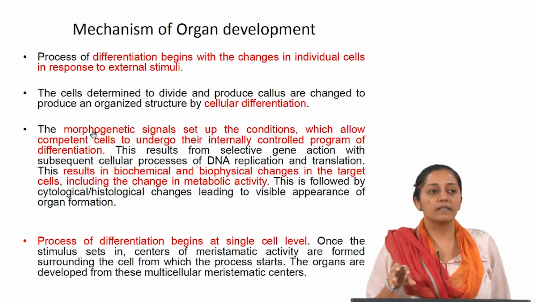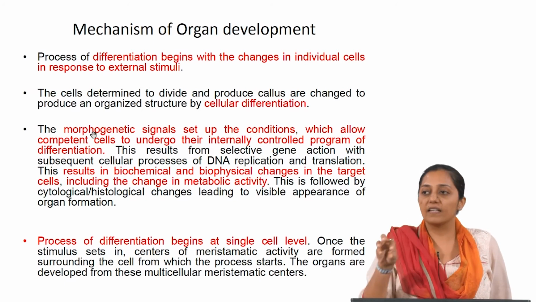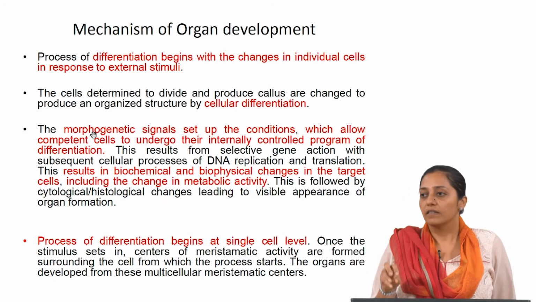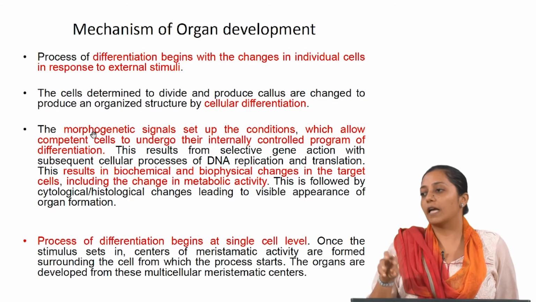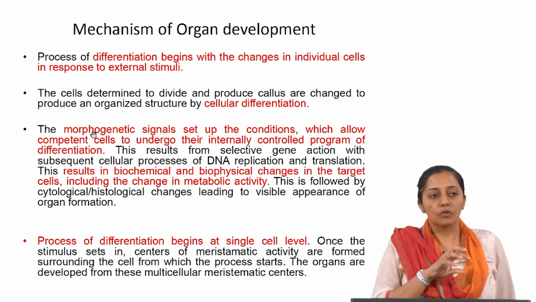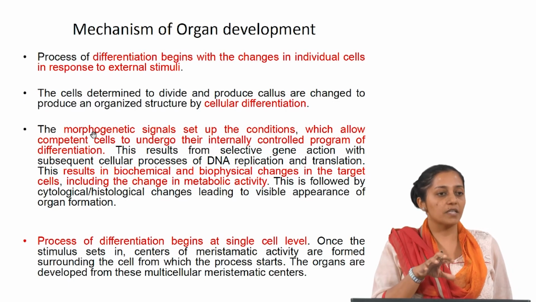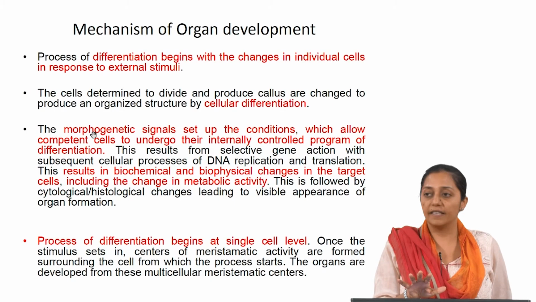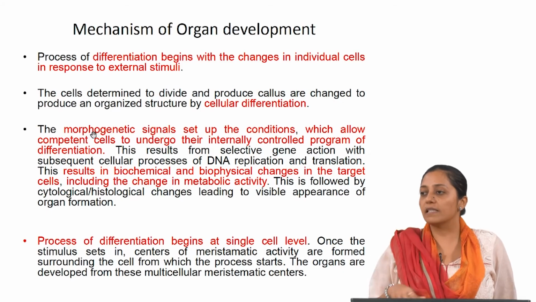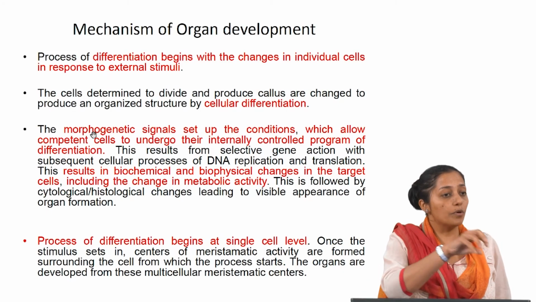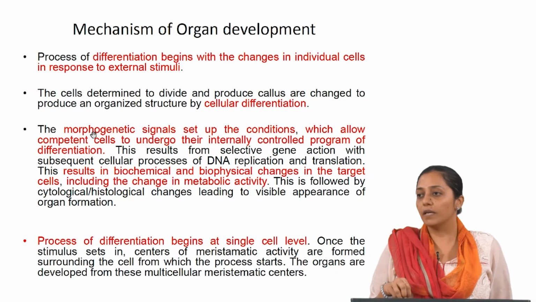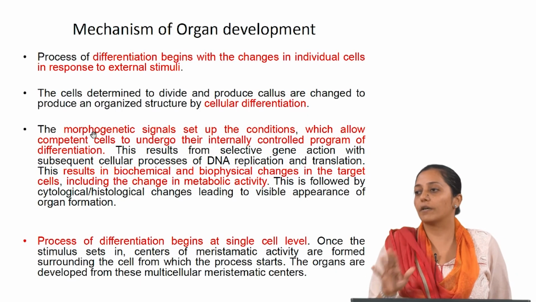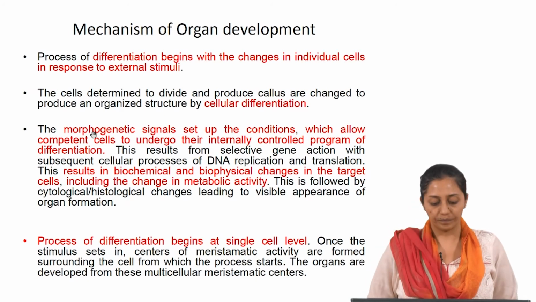Around those cells many meristematic centers develop, and from these meristematic centers the development of organogenesis takes place. So there is a cell which is determined to undergo differentiation and de-differentiation. Around that cell, after multiplication, some more meristematic centers get formed, and these meristematic centers together lead to the formation of your shoot bud or root bud primordium.